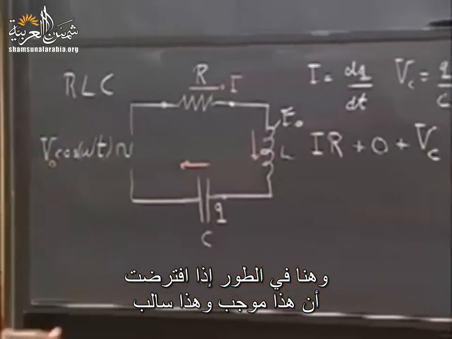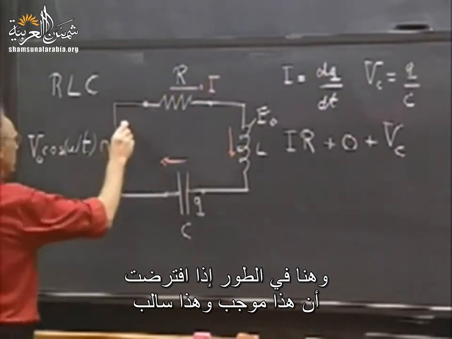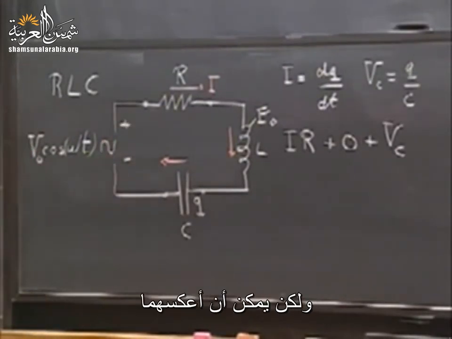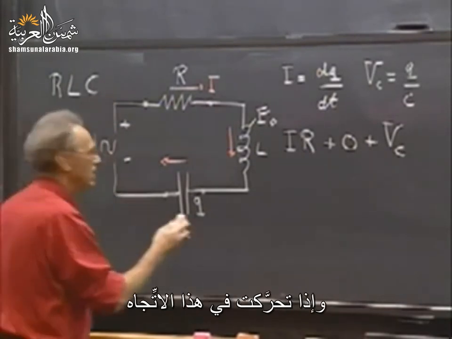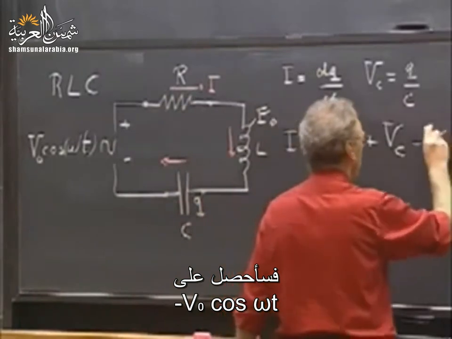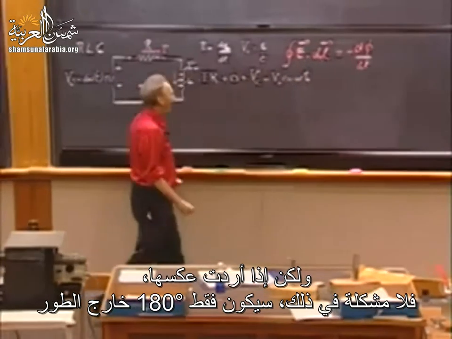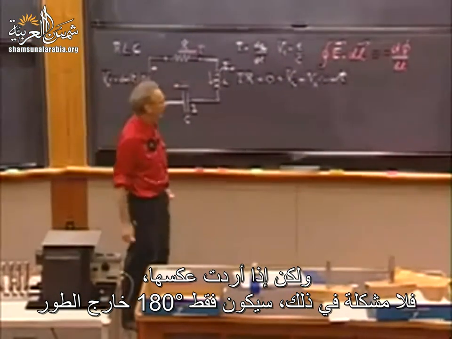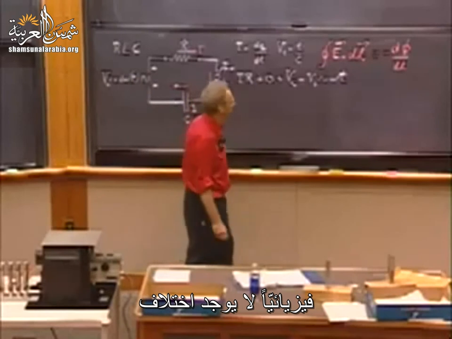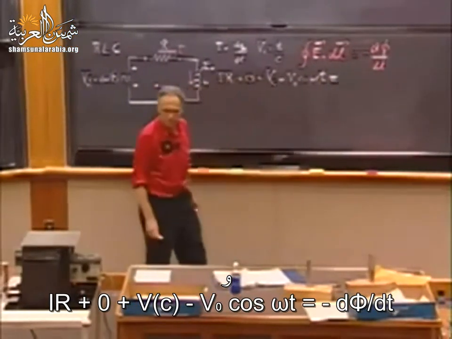And here, depending upon the phase, if I assume this plus and this minus, but you can reverse that, then when I walk in this direction, I would get minus V0 cosine omega t. But if you feel like reversing it, I have no problem with that. That's just a matter of 180-degree phase. It's no different physics. And this now equals minus d phi/dt.